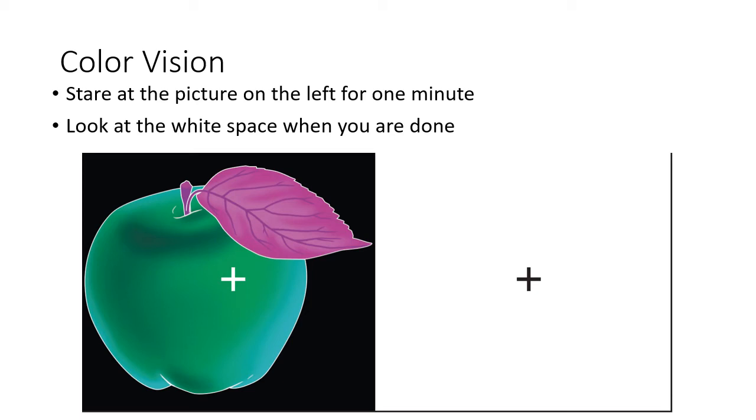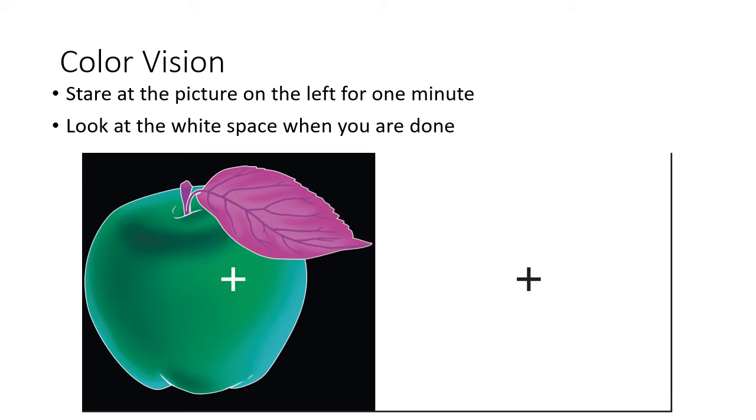And then after about a minute of staring intently at it, I'll give you a little bit more time, then look over to the right, you can blink a little bit, look in the white area, and you should see a red apple with a green leaf. The reason this occurs is because while you're looking at the left, the ganglion cells are activating in such a way where green is in one and red is in the other.